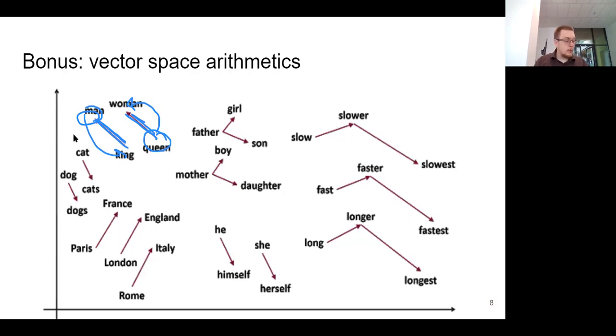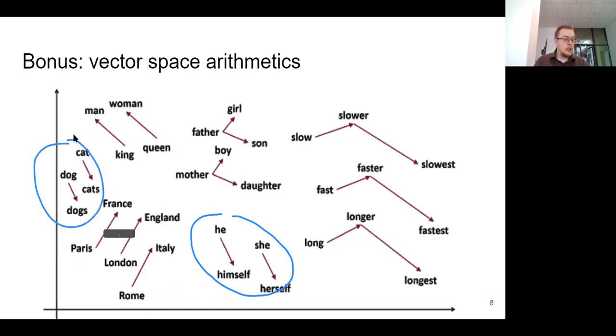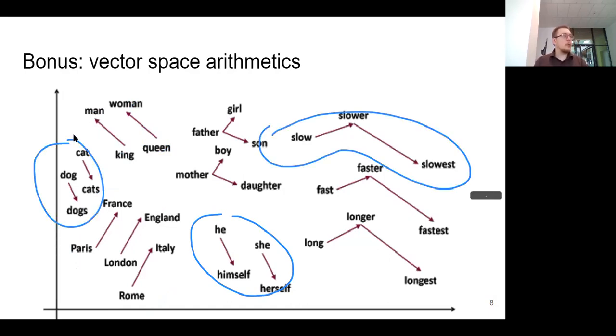The same can be for capitals. Paris in France, London in England, they have the distance of very similar vectors. This is a semantic connection, and there is also a syntactic connection. An obvious thing here is plural forms and comparative forms, like slow and slowest.